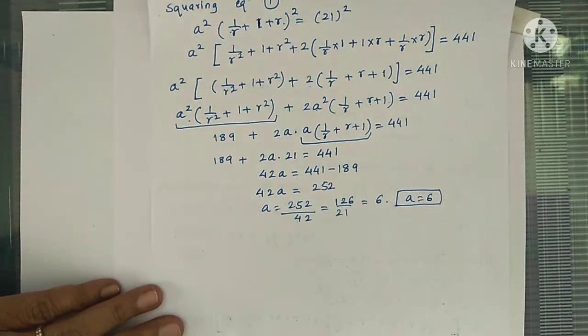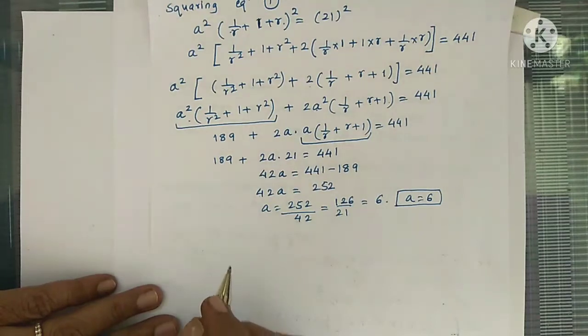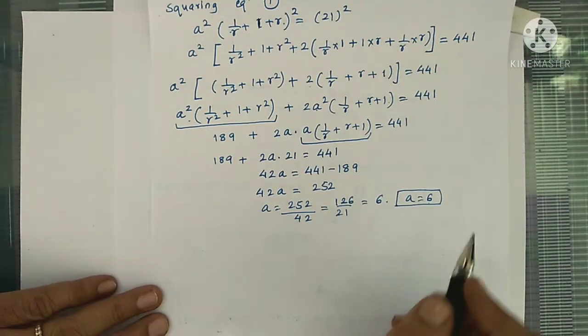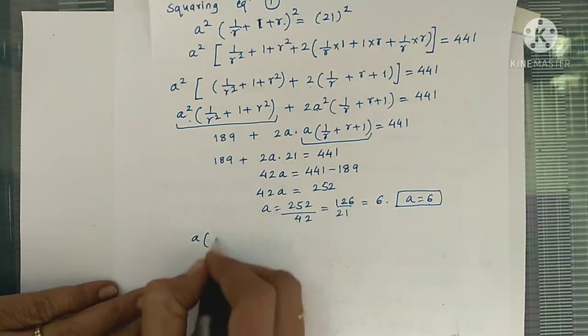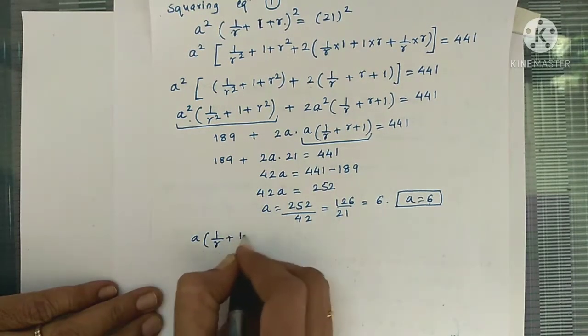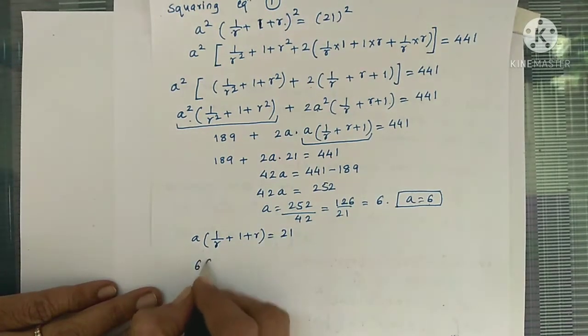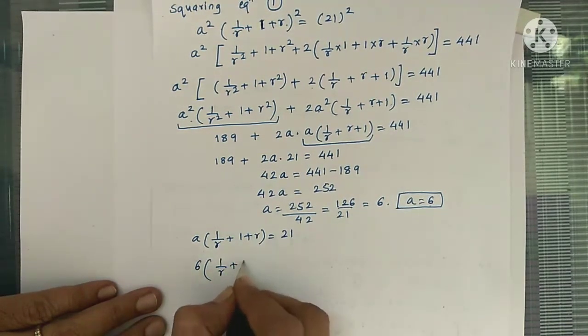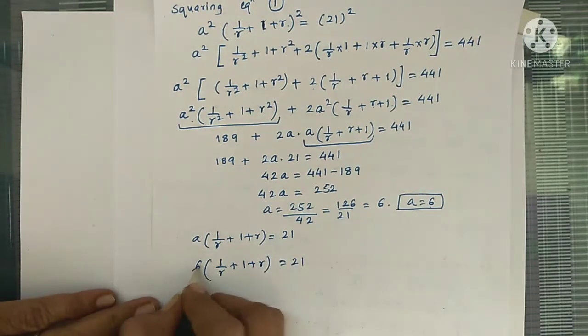So now we have the value of one unknown. Now to find the value of r, let's put this value of a in equation 1. Equation 1 was a into 1 by r plus 1 plus r equal to 21. So a is 6. We can divide here by 3.